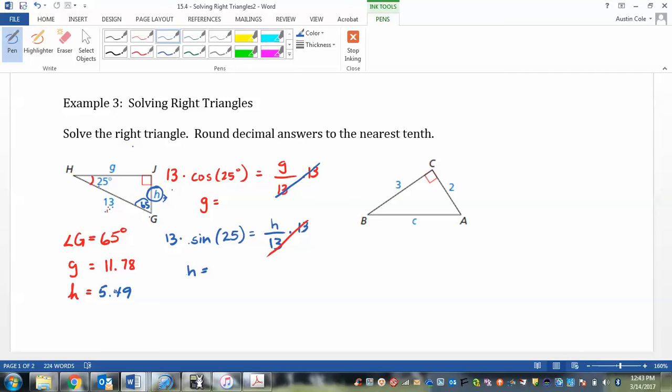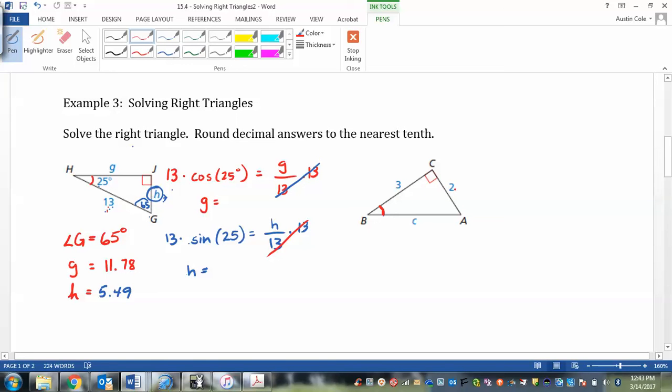Now, if I look over here, I have two sides and only one angle, so we should find an angle first. Let's just pick angle B. With respect to this angle, don't I know this side and that side?